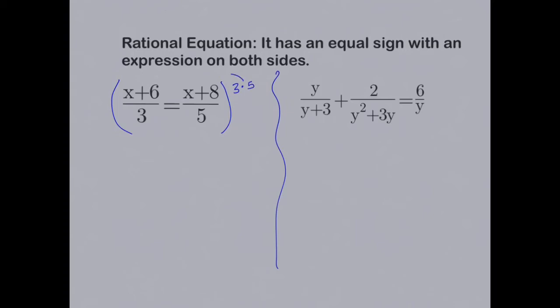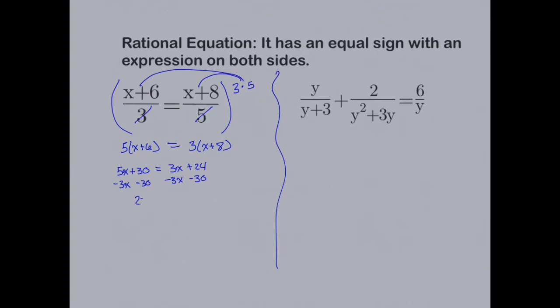When we multiply in here, the 3 divides out and we're left with 5 times x plus 6. And when we multiply it to the right side, the 5 divides out and we're left with 3 times x plus 8. We're going to do the distributive property here, and we get 5x plus 30 is equal to 3x plus 24. Then we're going to isolate the x, because again, this is linear on both sides.